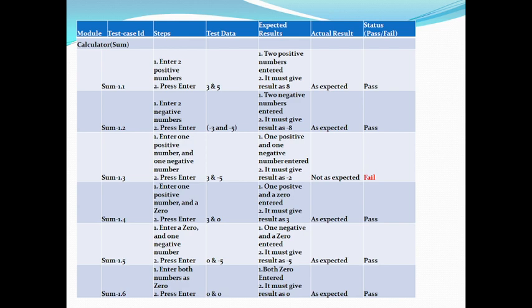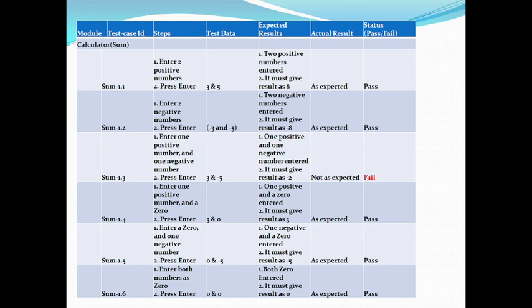Okay. The fifth column is about expected results. In the fifth column, we have to see what output we will get when we perform all the actions. So when we enter two positive numbers, we can say that two positive numbers are entered.